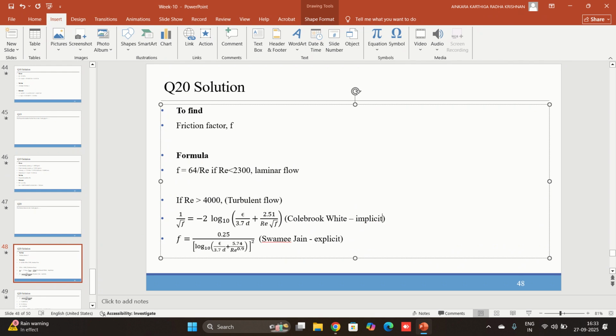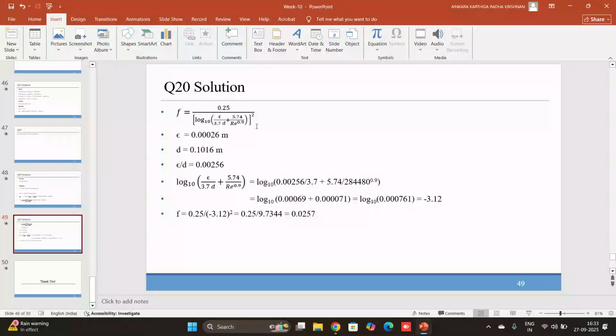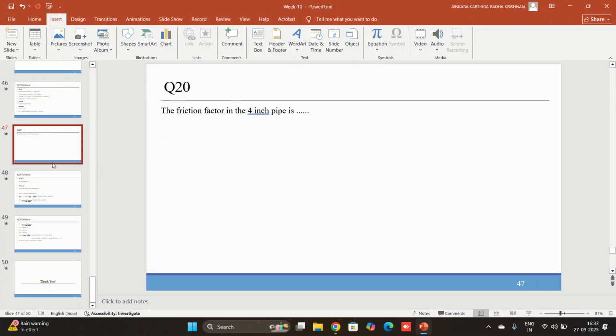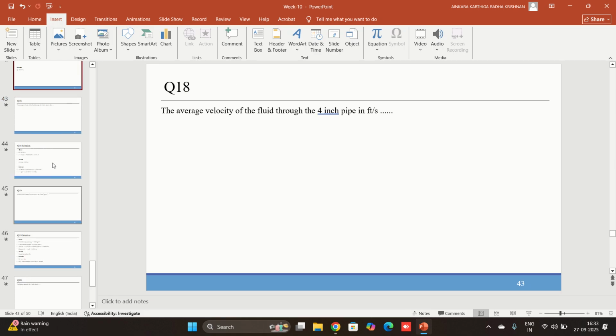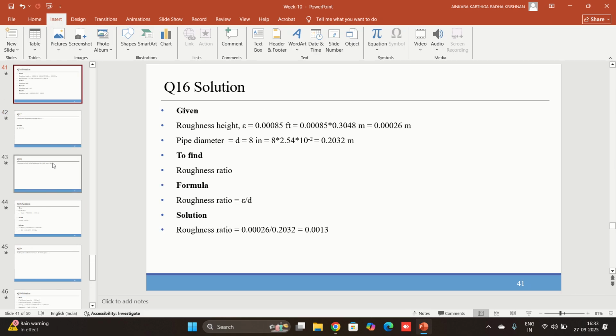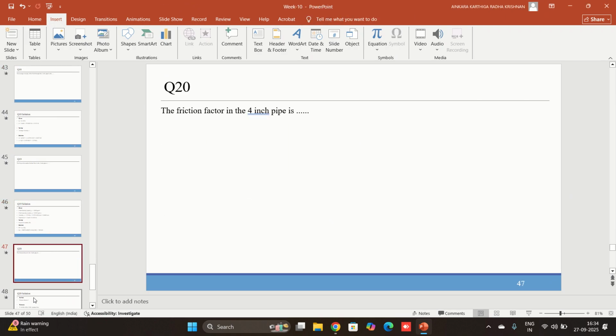This is an implicit formula, and this is the Swamee-Jain explicit formula, which we used in the previous problem also. So we'll directly go there. What is the material? Roughness is 0.00026 meter. So we can use that in our formula.